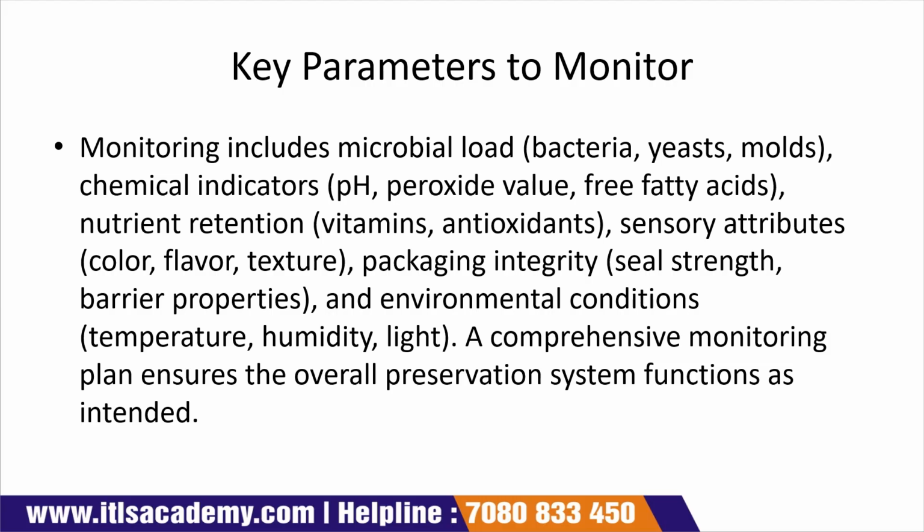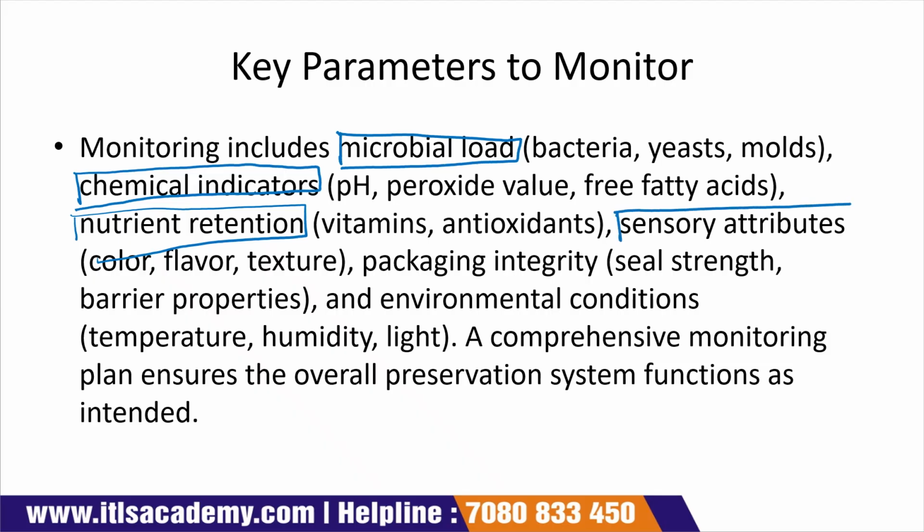If we talk about monitoring the preservation technique, there are different parameters: microbial load, chemical indicators, nutrient retention, sensory attributes, packaging integrity, and environmental conditions. These are the factors we have to monitor for a preservation technique.